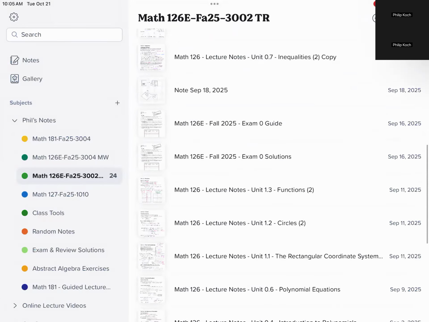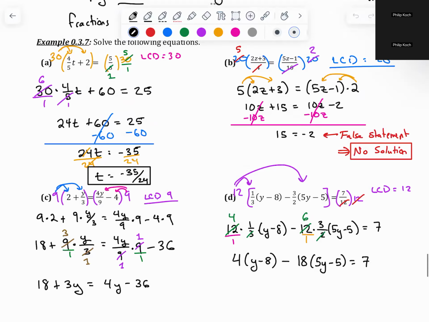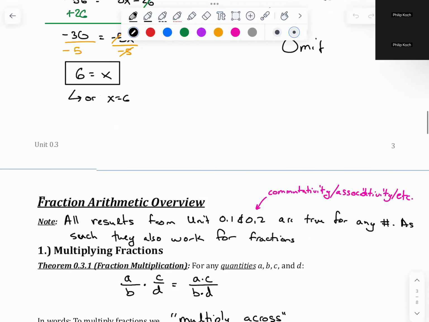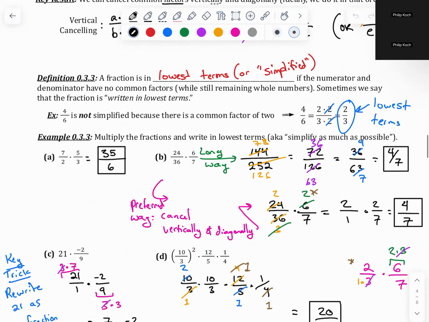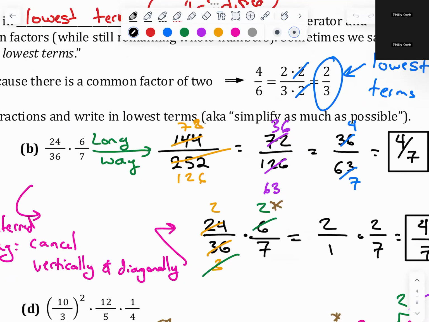But if we go back to 0.3, when we were talking about fractions, and we were talking about fraction multiplication, there was, with part B, you could do it the really long way. You could multiply the numerators together, multiply the denominators together, then start finding common factors and reducing it.